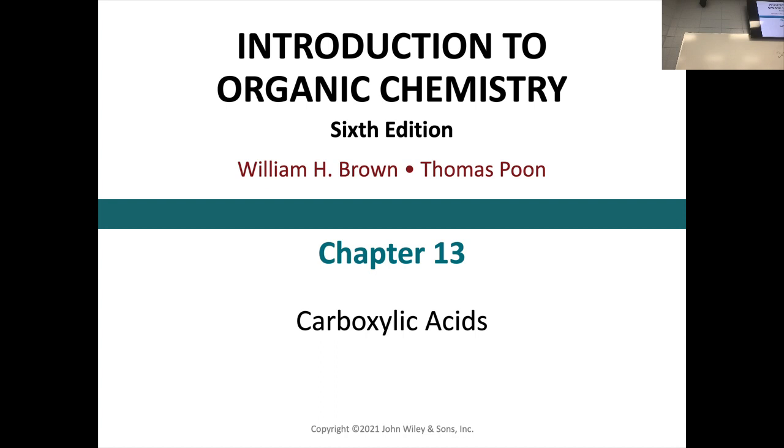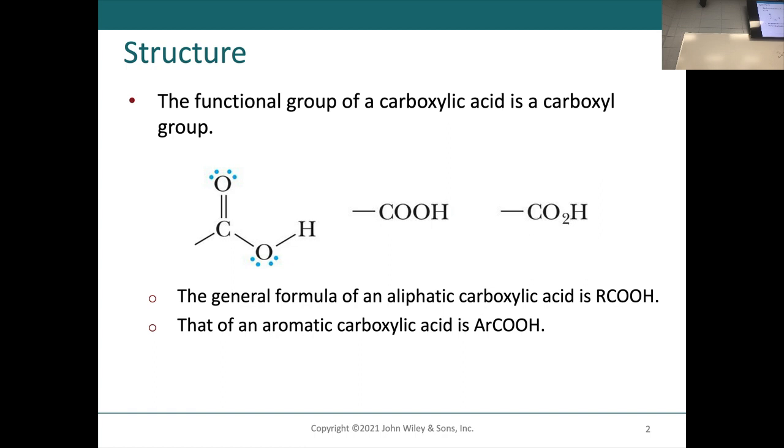You all are probably familiar with several different types of vinegar: balsamic vinegar, white vinegar, distilled vinegar, apple cider vinegar, and so on. It just depends on what the starting food stock was that was used to make it. But in all of them, the acidic component is that carboxylic acid functional group, okay?